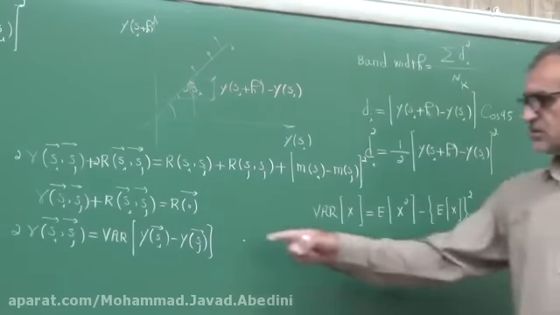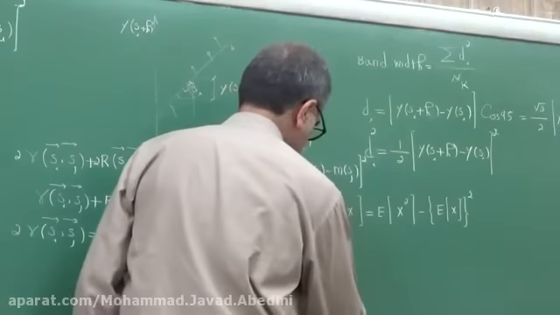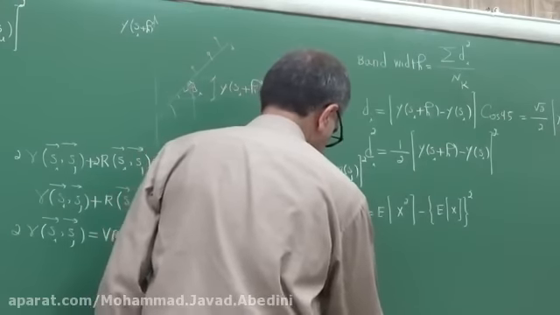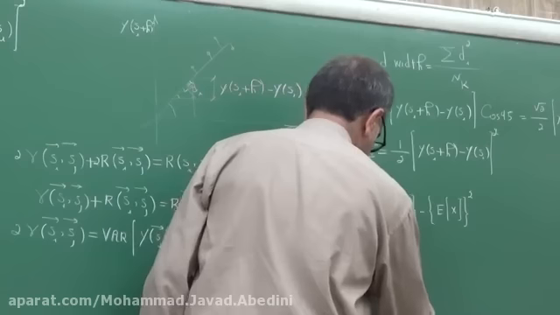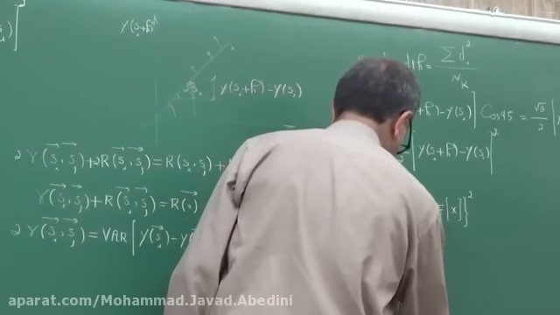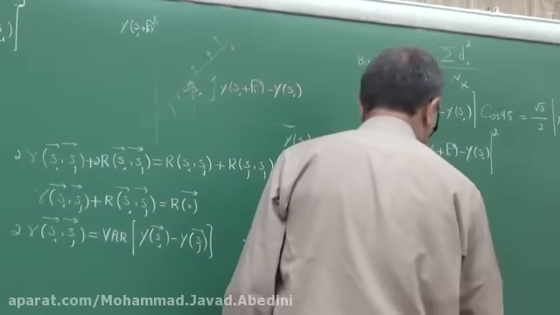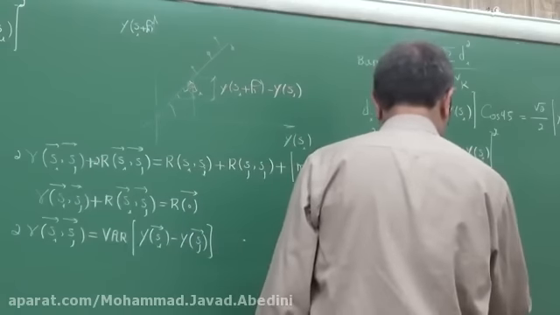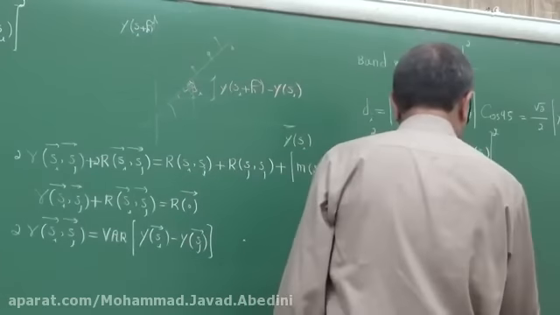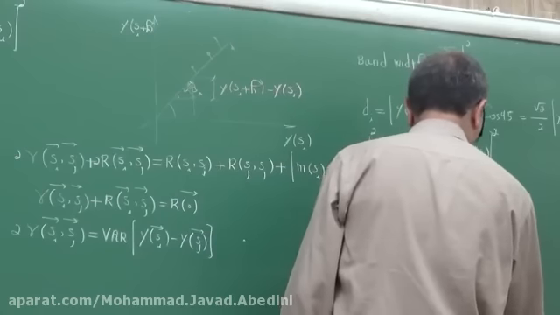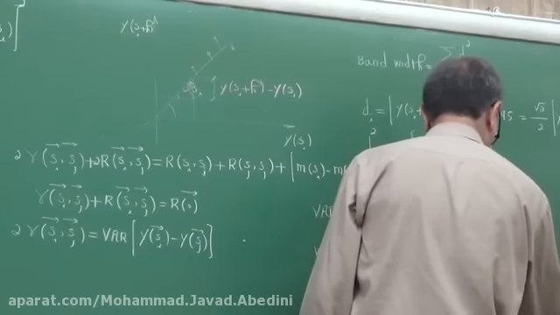What you need to do is to replace this x with this, and then you are going to have this: variance of the first increment equals expected value of y at Si minus y at Sj to the power of 2.